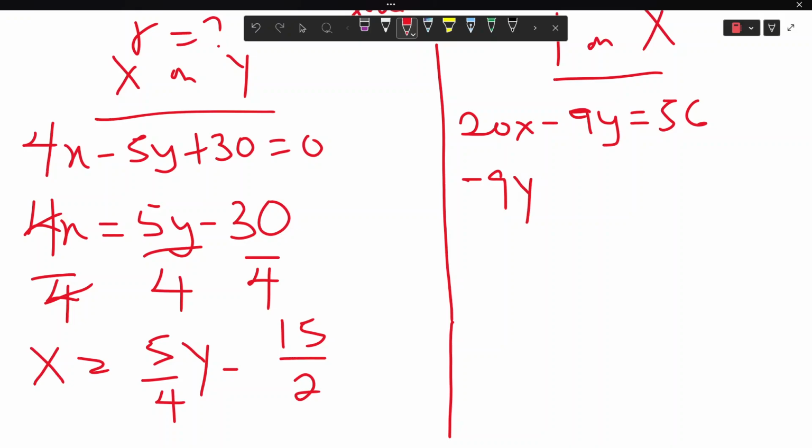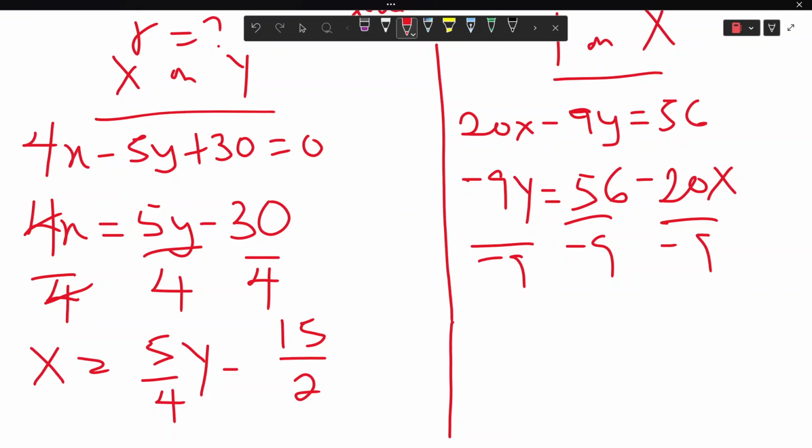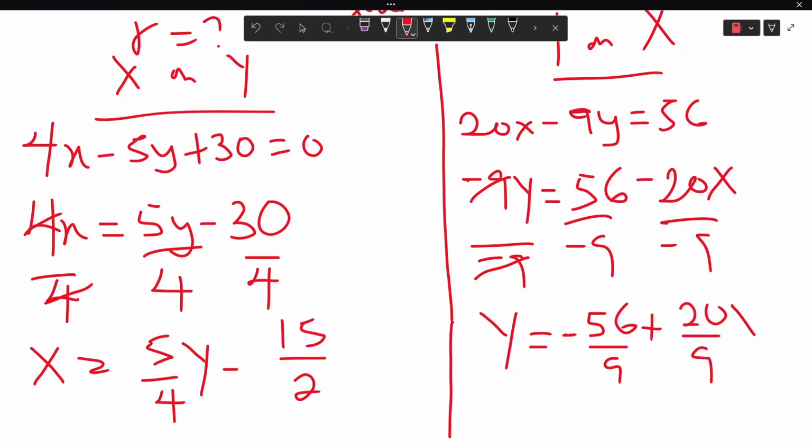Negative 9y is equal to 56 minus 20x. Let's divide through by negative 9. So this will cancel this. We have y to be negative 56 over 9 plus 20 over 9x.